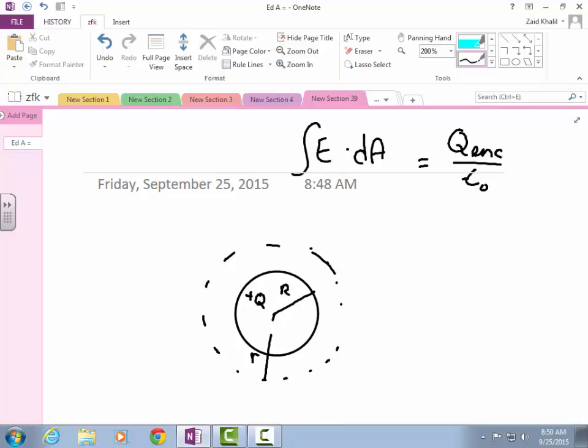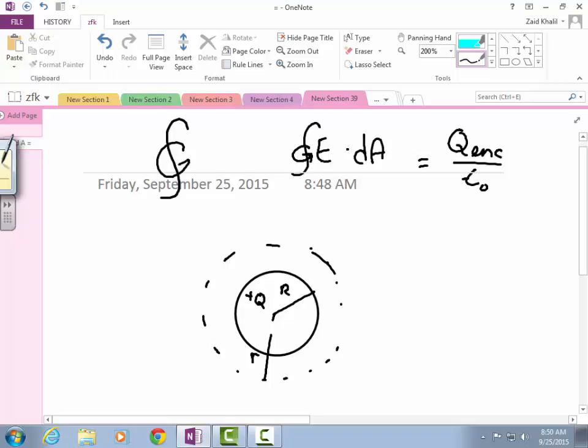When you do the surface integral, I didn't actually show you this, but this is what the integral looks like. It's called a surface integral, which is different than the integrals that you're going to be evaluating in your Calc 1 class.